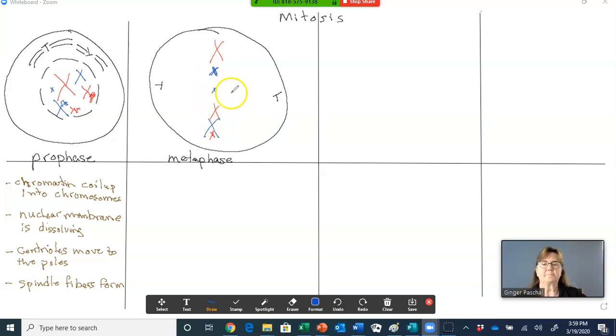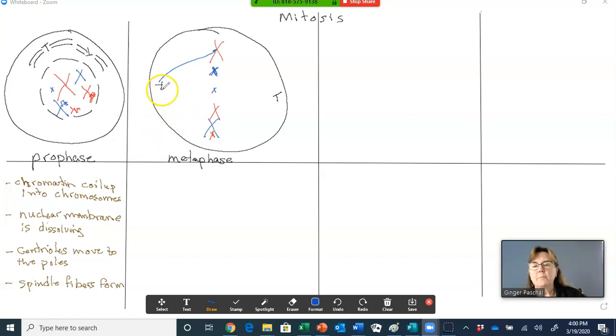There we go. Okay. And then what happens is these spindle fibers that had formed over here, each spindle fiber is going to go from the centriole, which is at the pole, to the centromere, which I like to give you goofy associations. The centromere is merely the center of the chromosome. So if I were to use my arms and make a replicated chromosome, where my wrists come together is the centromere.